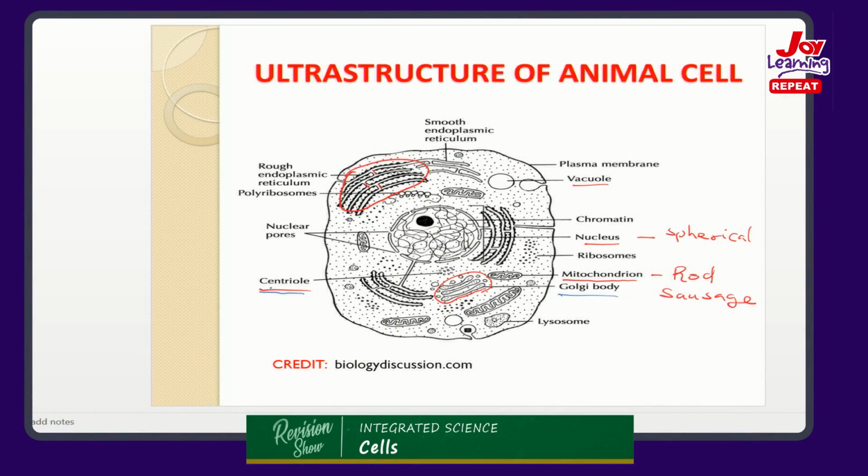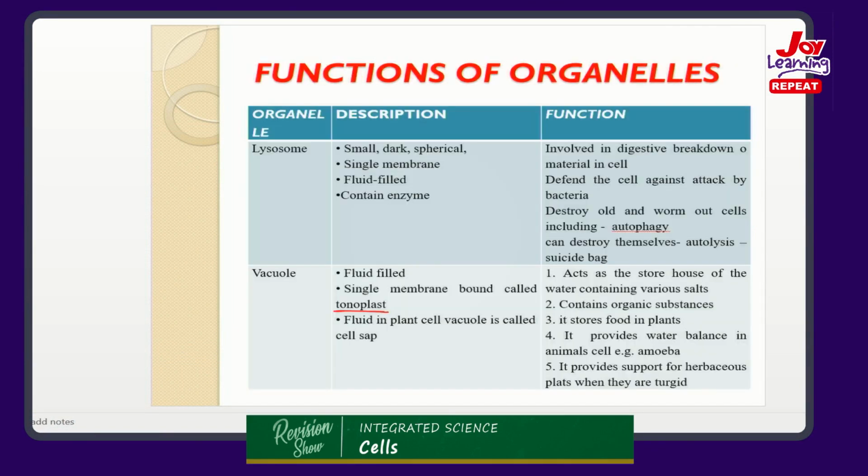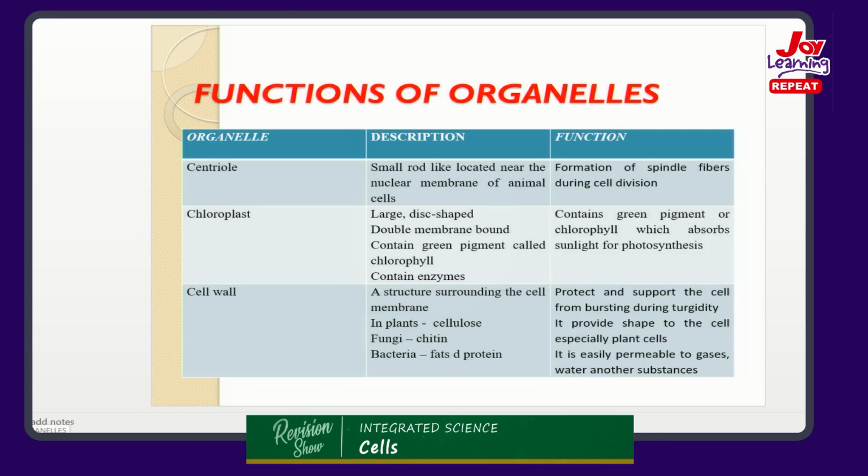Tiny, tiny structures located near the nuclear membrane. I've mentioned it here, it's in animal cell. So as you read, be careful, we identify those things that are for animals and those that are for plants. Its job is to make spindle fibers during cell division. Another topic when we get there, you would love it.